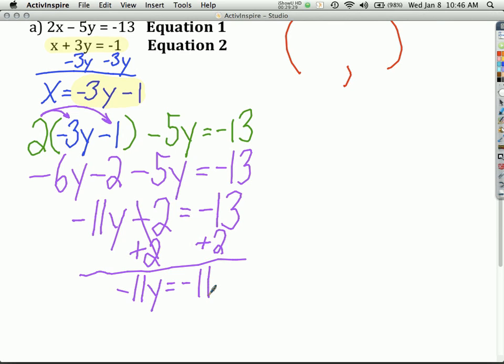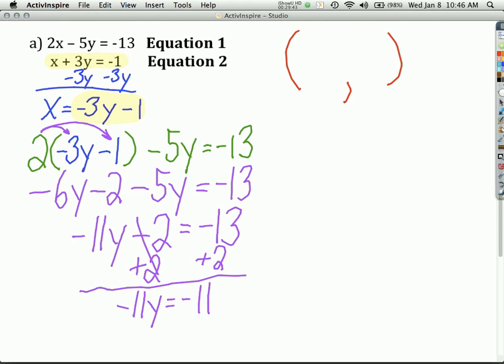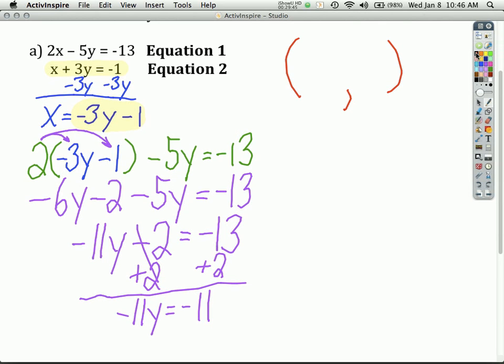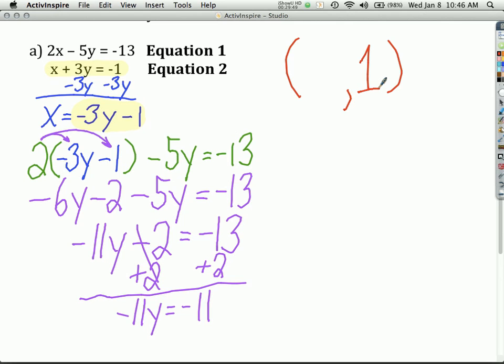So what is y equal to? What's y equal to? 1. It's equal to 1. So y equals 1, which means that the y coordinate is equal to 1. So we have half of our answer.